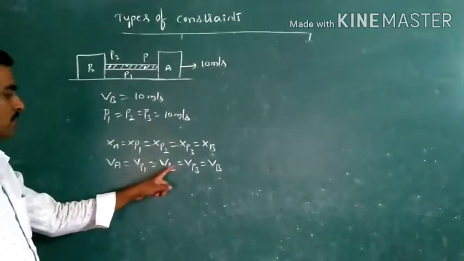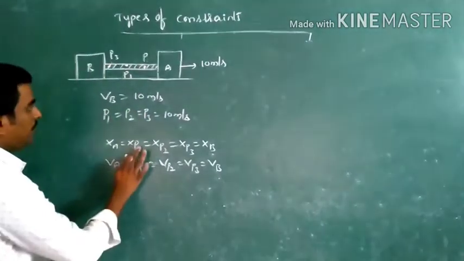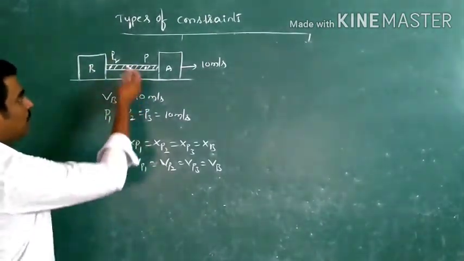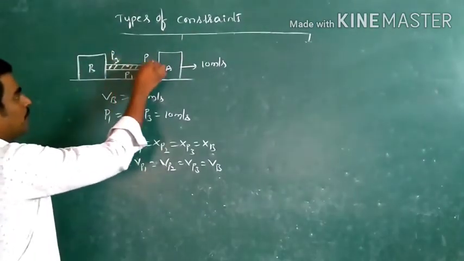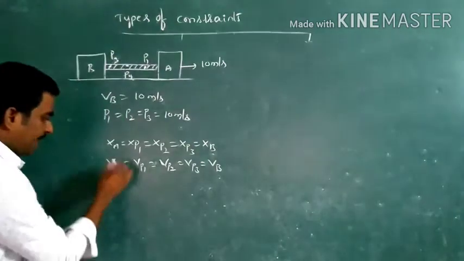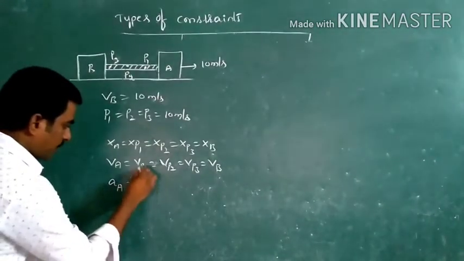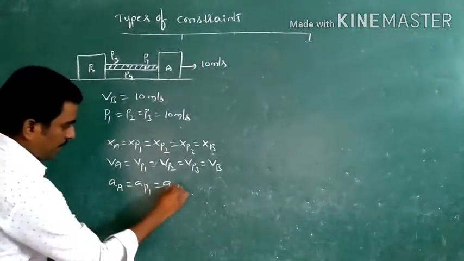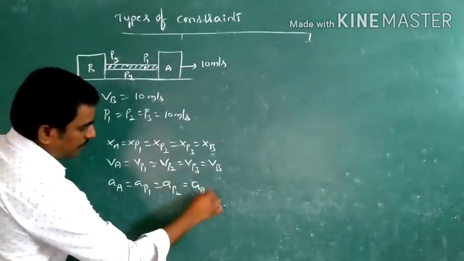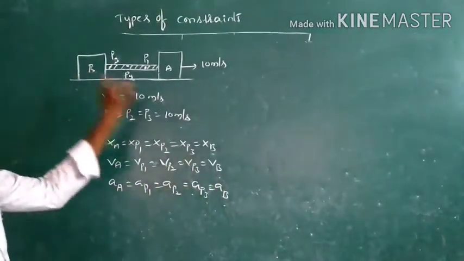So VP means those are the particles P1, P2, P3. Differentiating again, we get AA equal to AP1, AP2, AP3, equal to AB. So all are the same along their length.